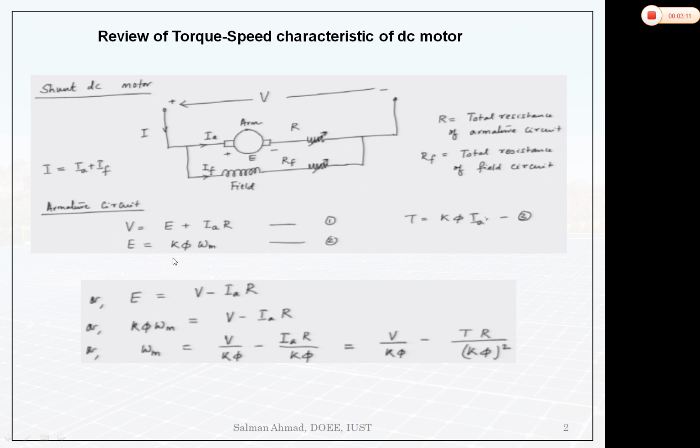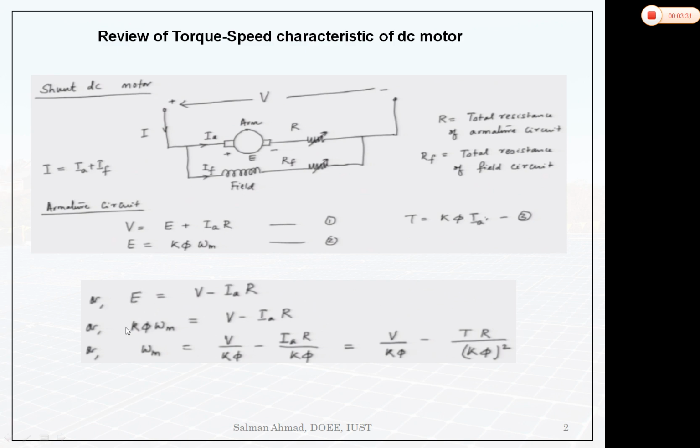Now from equation 1, we can write E is equal to V minus Ia R. Now substitute the value of back EMF from equation 2.